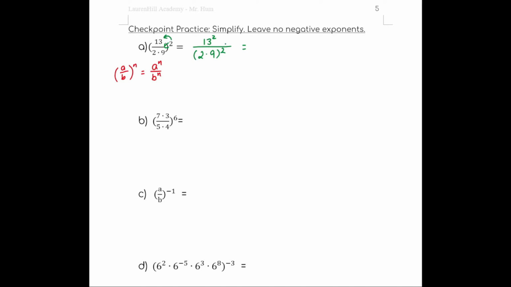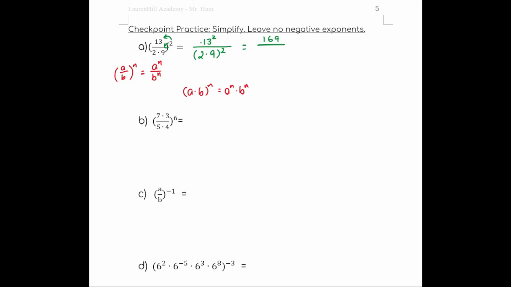So my numerator, 13 to the power of 2, gives me 169. On the bottom, I have 2 times 9, that's a multiplication raised to a power. So that reminds me of my other law, which looks like this, a times b to the power of n. In this case, again, we can distribute that exponent to both things being multiplied. That's a to the n times b to the n.